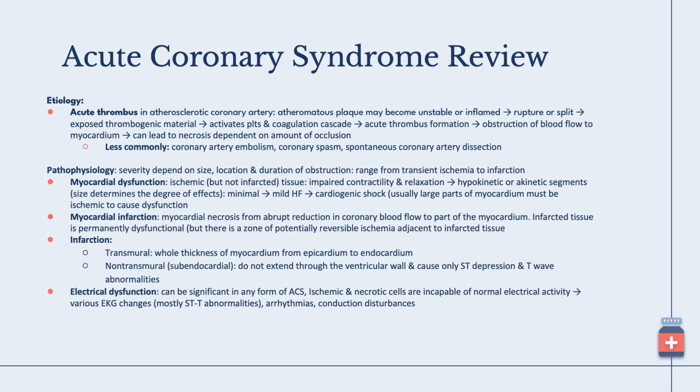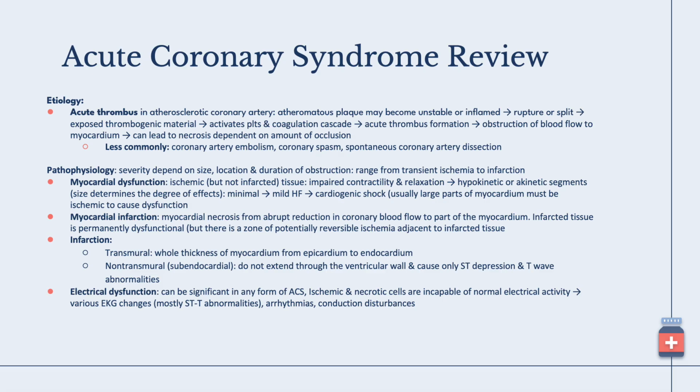So the platelets get activated, and then we have the coagulation cascade leading to that clot formation. And then that clot formation can cause obstruction to blood flow to the heart muscle, which can lead to necrosis. And that's really going to be dependent on the amount of occlusion that's occurring.